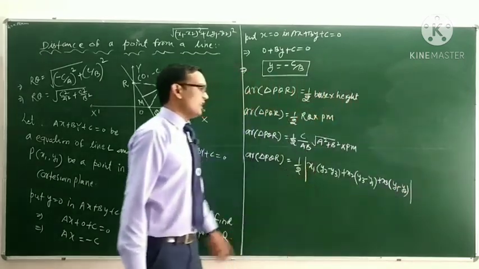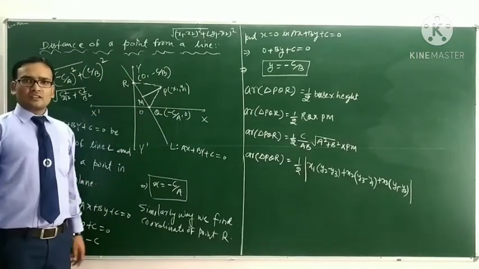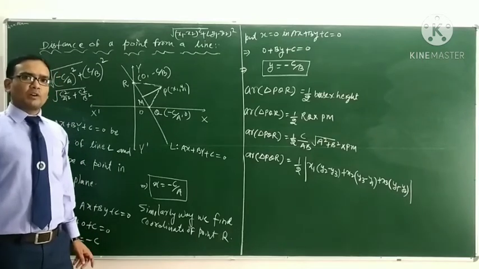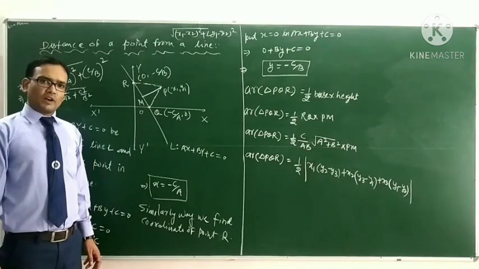Using this formula we find the area of the triangle PQR whose vertices are given: x1 comma y1, x2 comma y2, x3 comma y3.